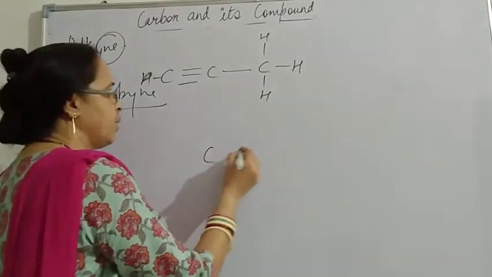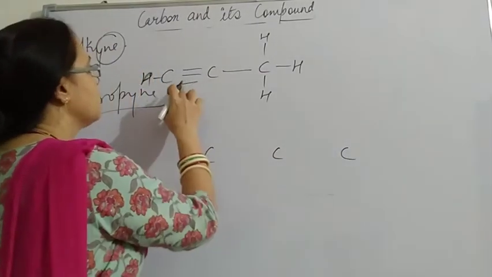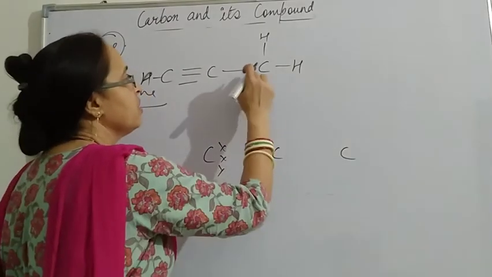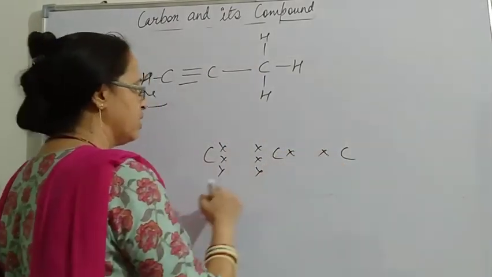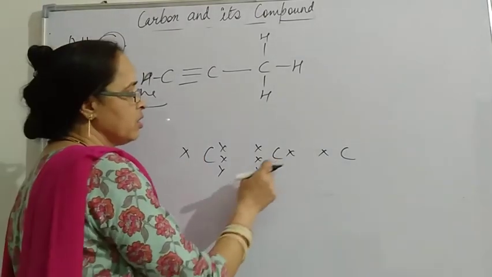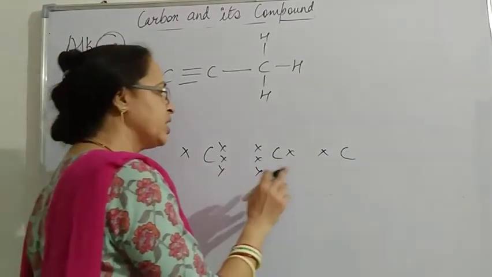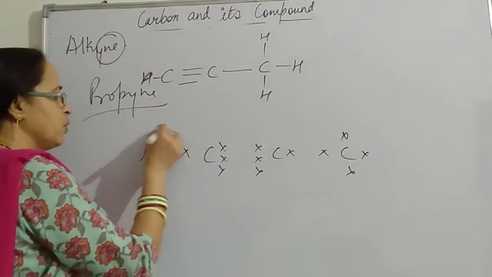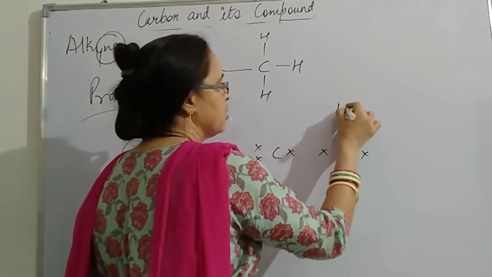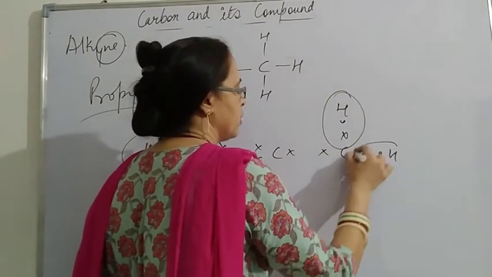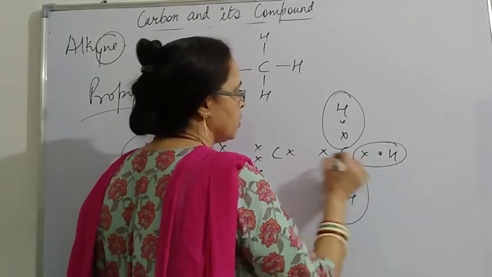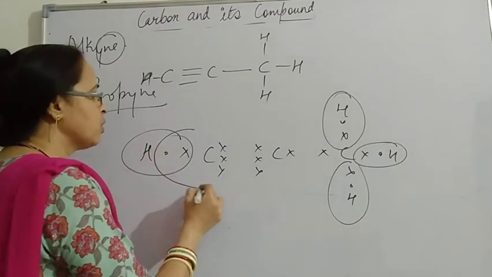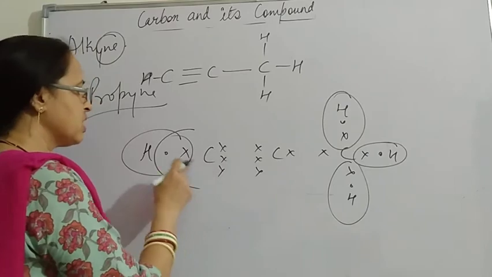Now we'll draw the electron dot structure of this. First of all, make the 3 carbons, then 3 electron pairing, 1, 2, 3, 1, 2, 3, and here 1 electron. Now here we are left with 1 electron. All 4 electrons are shared. This carbon is left with 3 electrons, and now these are fulfilled with hydrogen. So the valency is fulfilled with hydrogen. Now the sharing of electrons with the carbon: 3 plus 3, 6 plus 2, 8.